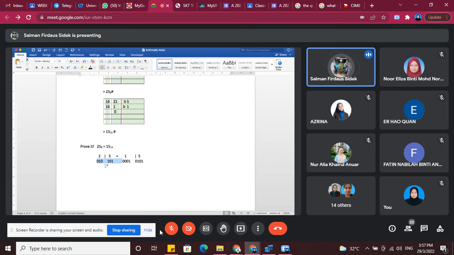Mari kita gabungkan yang ini dengan yang ni. Okay, kosong dekat depan kita boleh ignore, tak ada masalah. Dia tak carry apa-apa, it has no value.